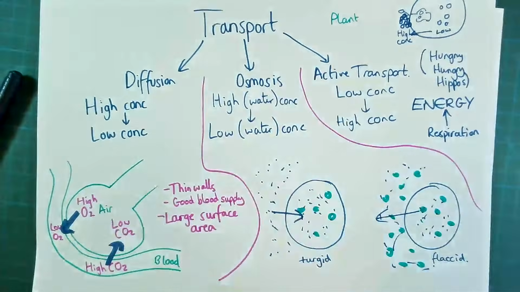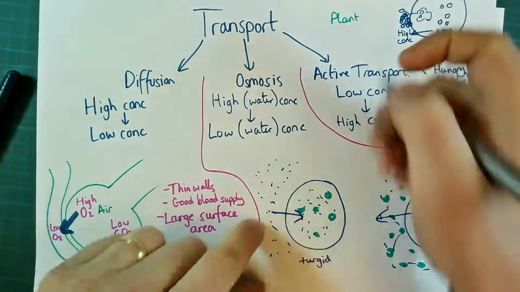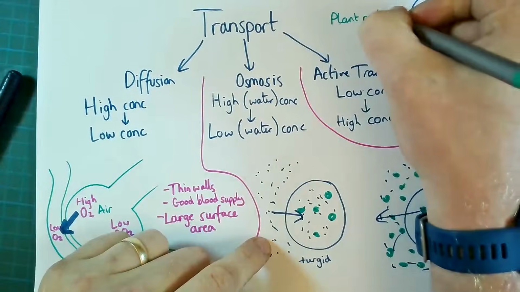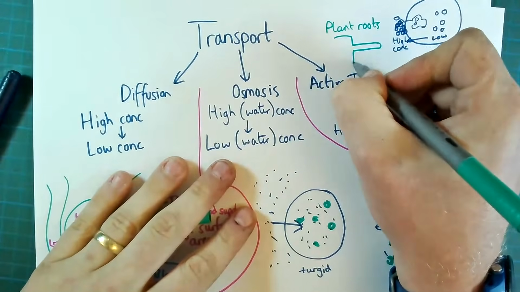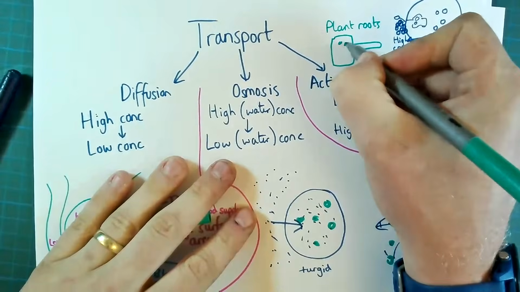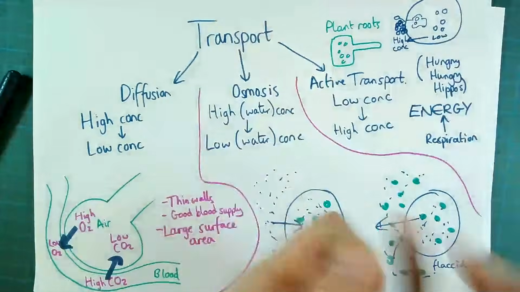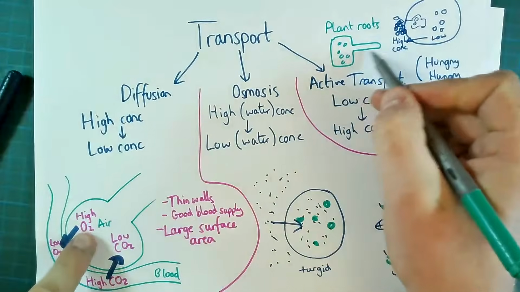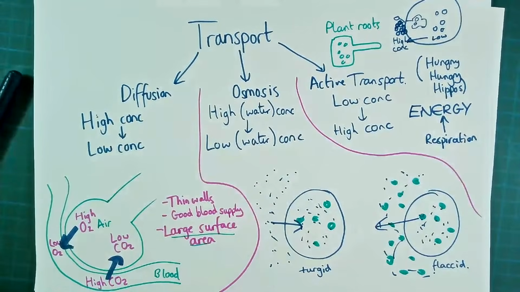And if you've got ions in the soil which are quite rare, but you want them in the plant, you'll do active transport. Your root hair cells, which look like Pinocchio, have lots of mitochondria in them to provide energy to start absorbing that. And that big Pinocchio-style nose is for a large surface area.